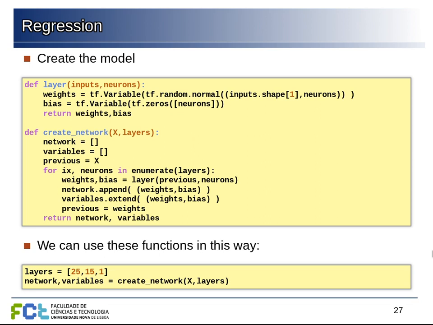And now we can create a network that receives a matrix of features, X, and has this list with the number of neurons per layer. So basically we start with the previous layer as being the input data, the X, and now we follow through all of these layers, and we create a new layer using the previous matrix and the number of neurons indicated in this list.